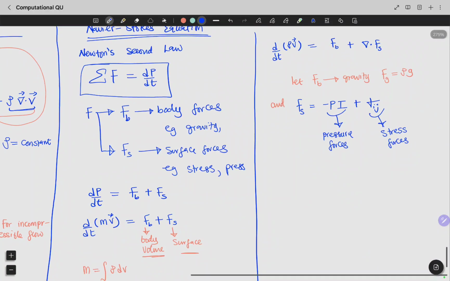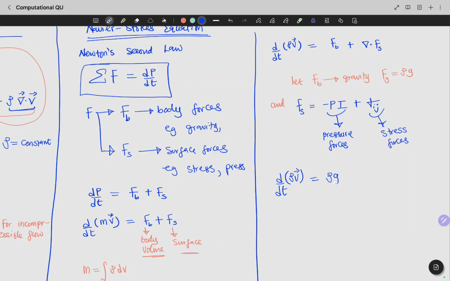And now we rewrite this equation. So d by dt of rho v equals rho g minus the divergence of P, or the gradient of P, sorry, the pressure gradient, then plus the divergence of the stress tensor, or we can call it the gradient of the stress tensor.